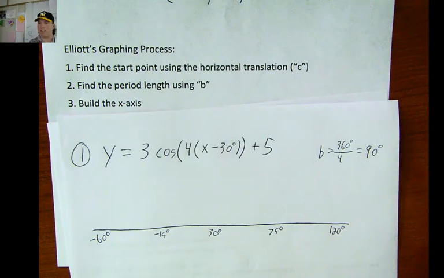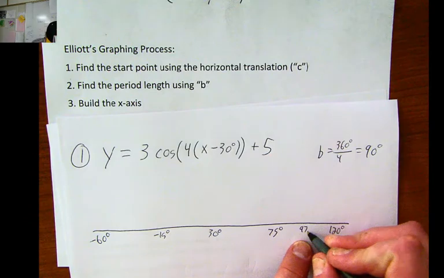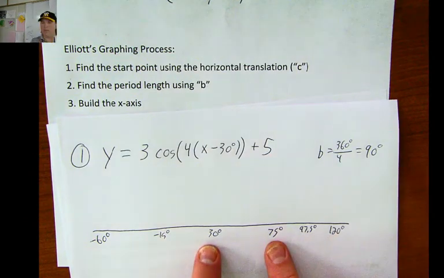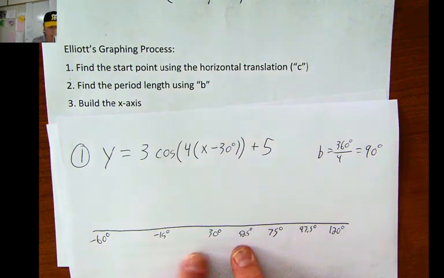Looks like we're going to get some decimals here. Halfway between 75 and 120, that adds up to 195, divided by 2 is 97.5 degrees. Halfway between 30 and 75, those add up to 105, divided by 2 is 52.5 degrees.